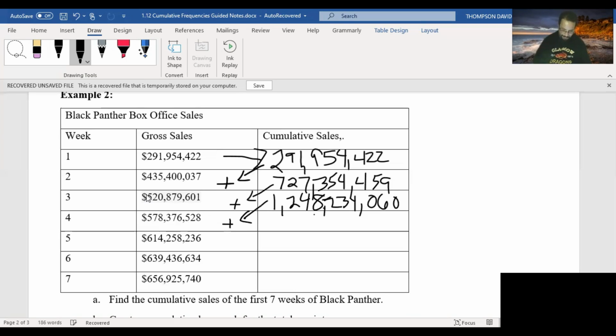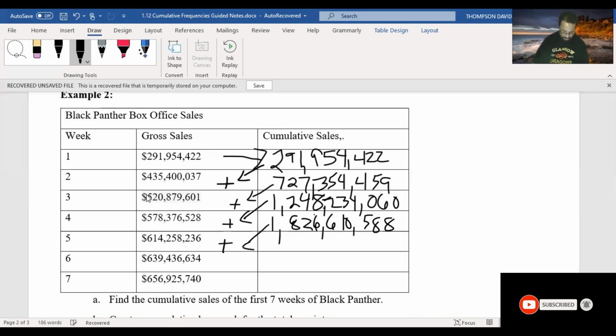Add in week 4, add the 578,376,528. We're getting closer to $2 billion. So we have 1,826,610,588 by the end of week 4.